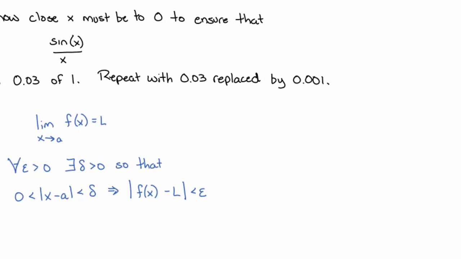Now I'm going to go ahead and trade that out just for the language. The upside down capital A says for all or for any, and then epsilon, that's positive.